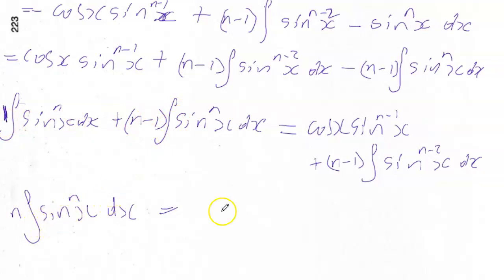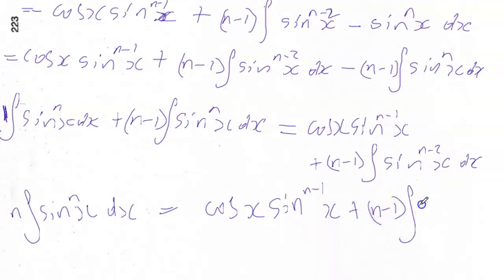So it's n times the integral of sine x to the power n equal to the right hand side plus n minus 1 times the integral of sine to the power n minus 2 x dx.